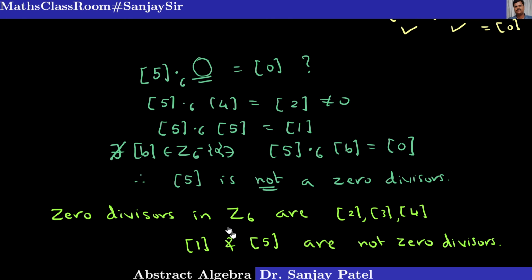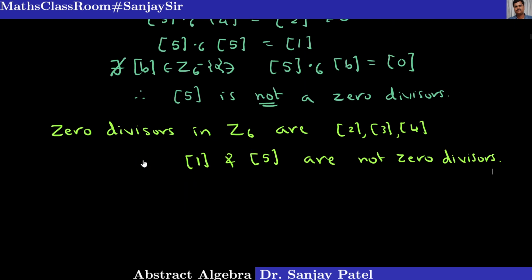So can you observe very carefully about the elements of Z6 and the 0 divisors? 2, 3, 4 are zero divisors, and 1 and 5 are not zero divisors. So when an element is not a zero divisor, that is very important for us. Can you observe?